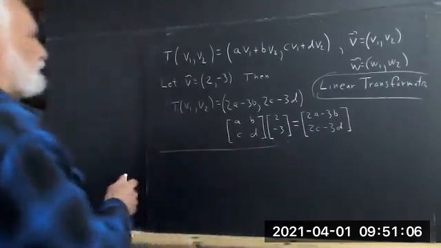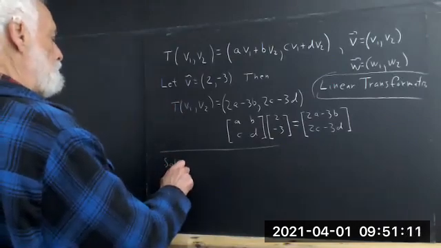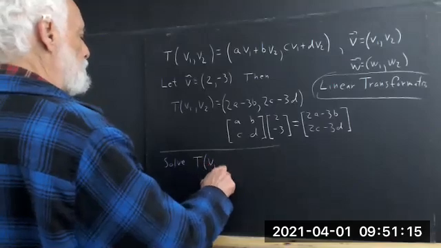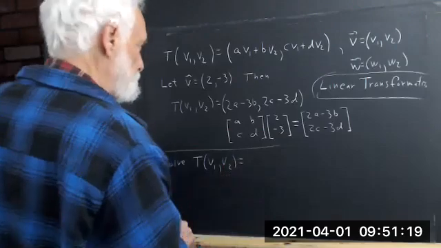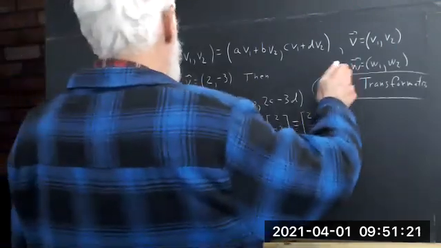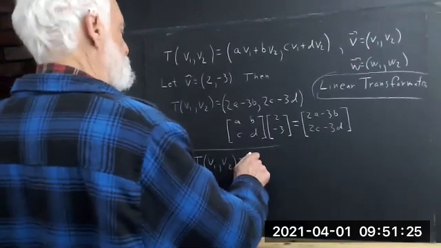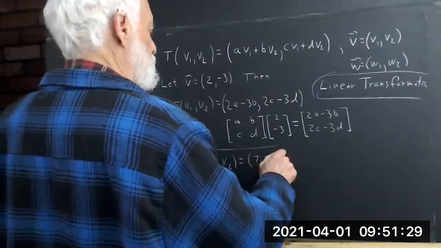Okay, now suppose we want to solve the equation T of V1, V2 equals our W vector. Let's say we want to solve this equal to, well, I said something, I forget what it was, 7, -42, let's say.